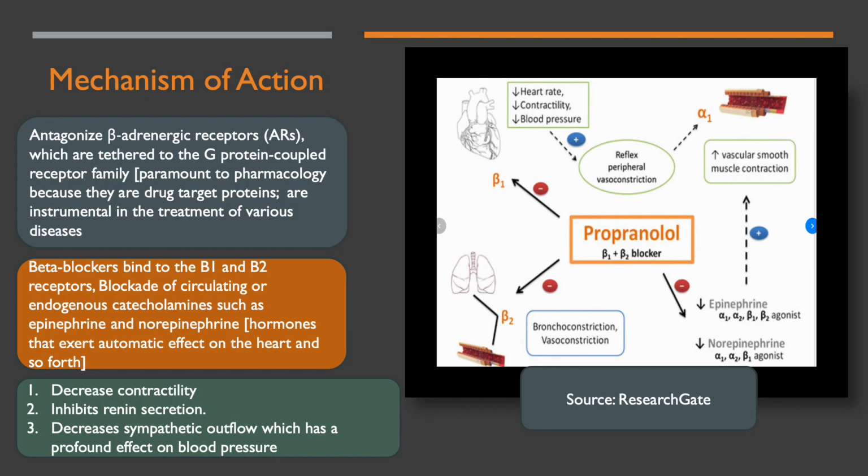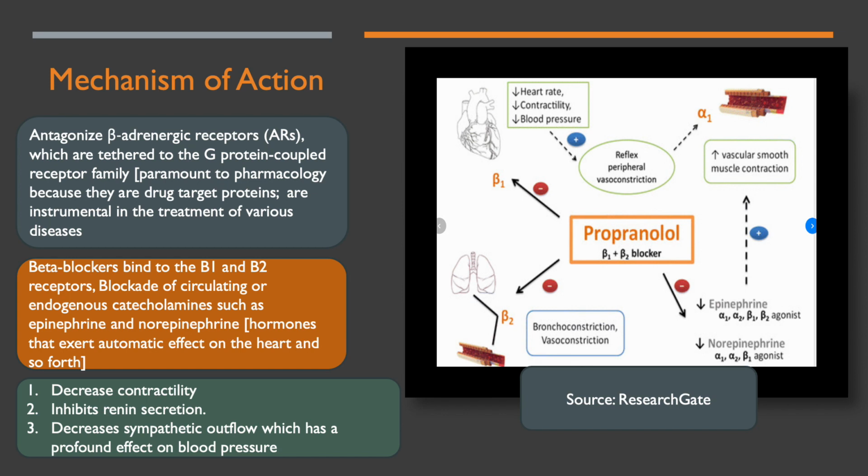Mechanism of action for beta blockers. Beta blockers work by antagonizing beta adrenergic receptors, which are tethered to the G protein-coupled receptor family. The G protein-coupled receptor family is paramount to pharmacology because it is a drug target protein, and these receptors are highly instrumental in the treatment of various diseases.